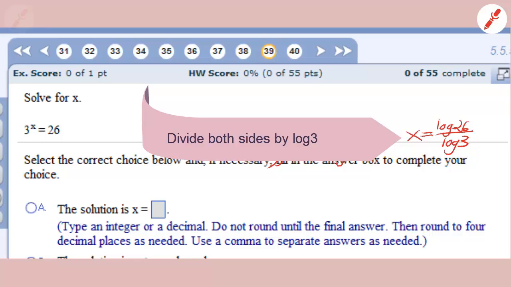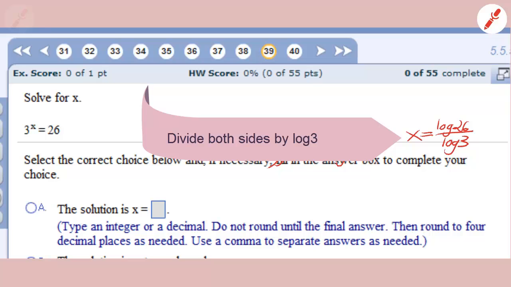Let's see, log 26, enter, divided by log 3, enter. So the answer should be, and what are we supposed to round it to? Do not round until the final answer, then round to 4 decimal places.